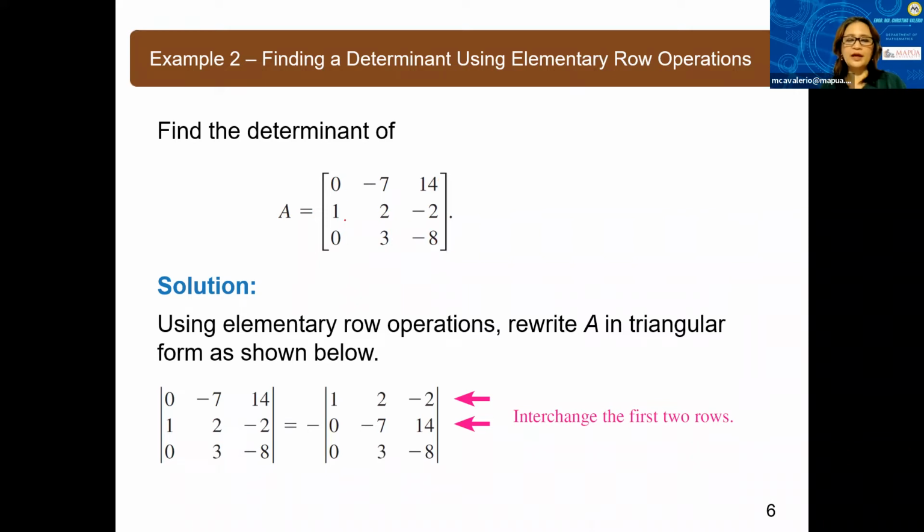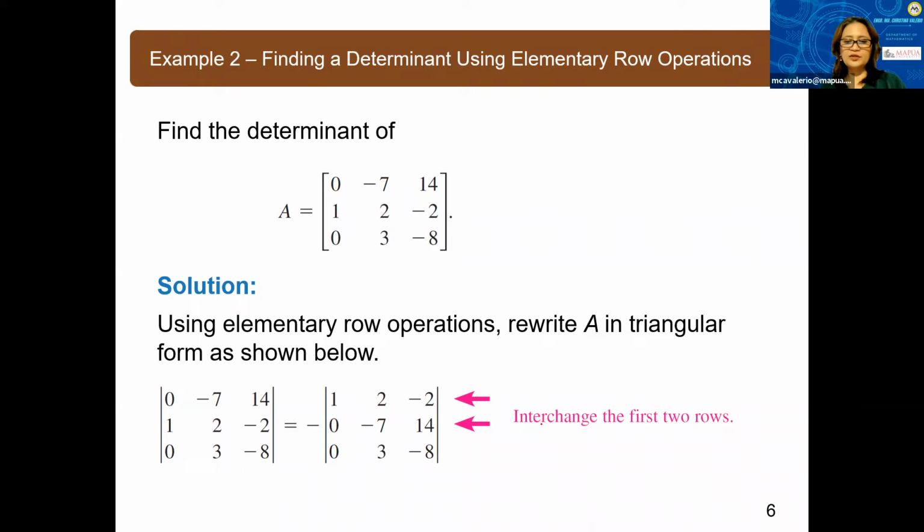Now, taking a look at column 1, since we don't have a leading 1, we can interchange row 1 with row 2 so that we can have a leading 1. So the resulting matrix will have the leading 1, and then you have 2, negative 2, 0, negative 7, 14, 0, 3, negative 8.